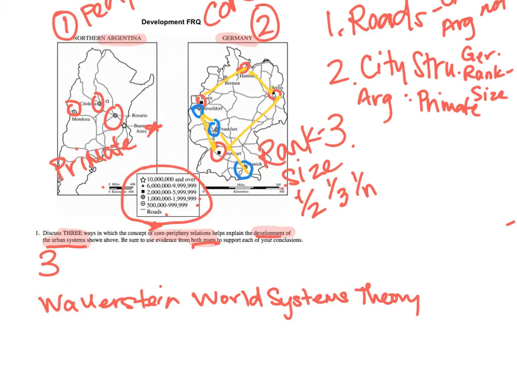If I get further into urban systems, I could additionally talk about the location of the cities. You'll notice, and I find this quite interesting, but if I'm looking at Germany, none of the cities in Germany are in the middle.